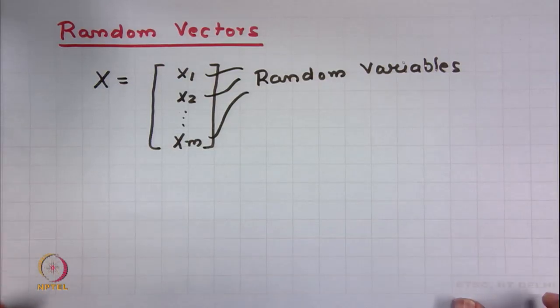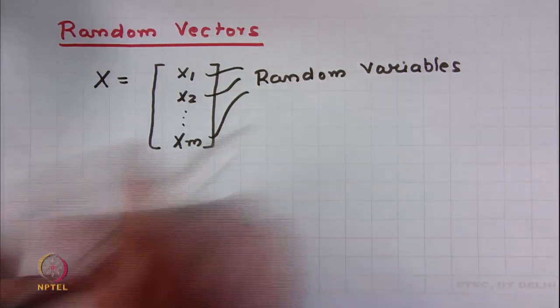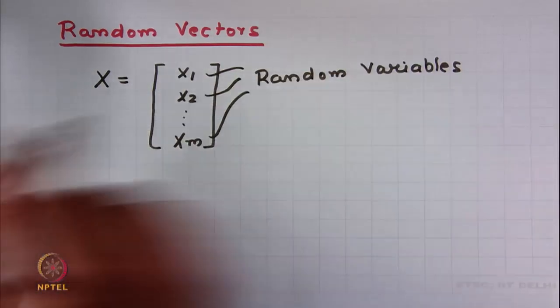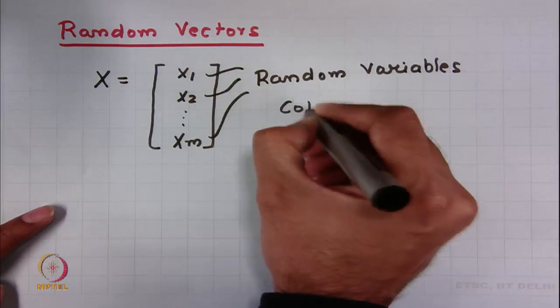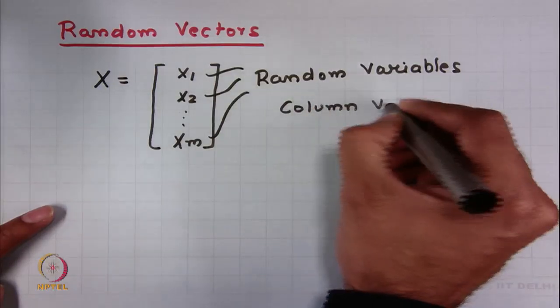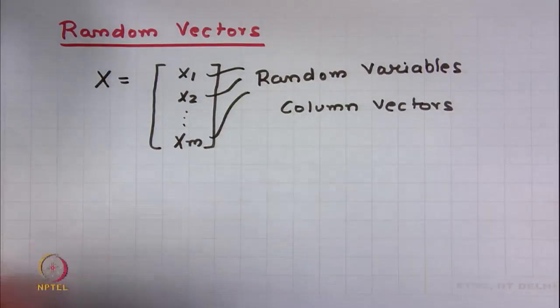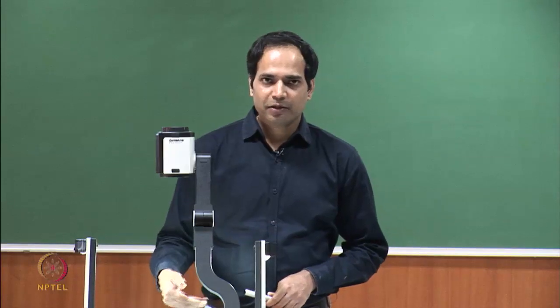Okay. So, just to introduce some notation here, normally if you are not given whether this is a column vector or a row vector, the vectors are assumed to be column vectors. That is normally the notation that is used in most books in digital communication. Vectors are always assumed to be column vectors unless you are focusing on special topics in digital communication like error control coding, where the vectors are normally assumed to be row vectors, but in other parts of digital communication the vectors are assumed to be column vectors.